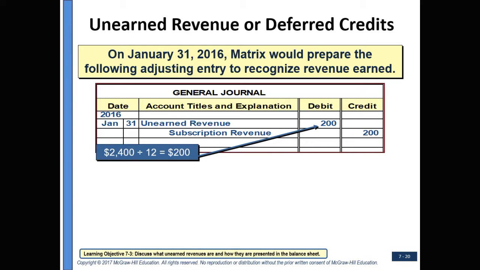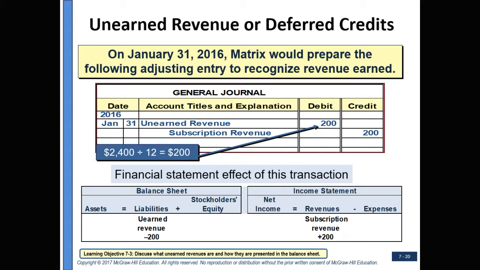The amount of the adjustments are determined by dividing the amount of the unearned revenue that was received in advance by the number of monthly subscriptions paid for in advance. So we received $2,400, we divide that by 12, and that tells us that $200 a month represents 1 month's subscription. Liabilities decrease and revenues increase, keeping the horizontal model in balance.